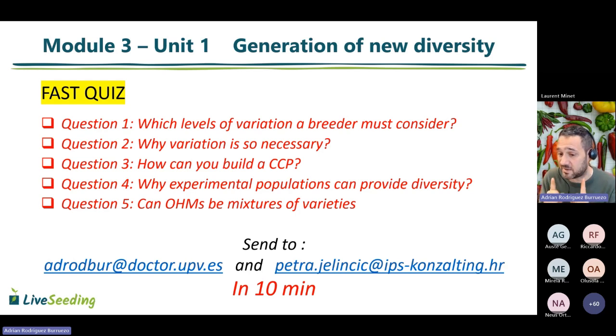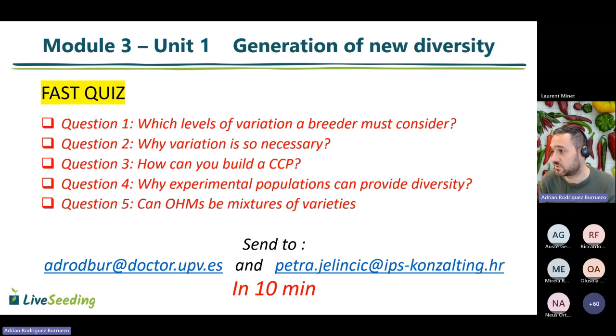And genetic variation, because as Ricardo said, variation is phenotypic, but it is made of both environmental and genetic variation. Environmental variation is not valid.